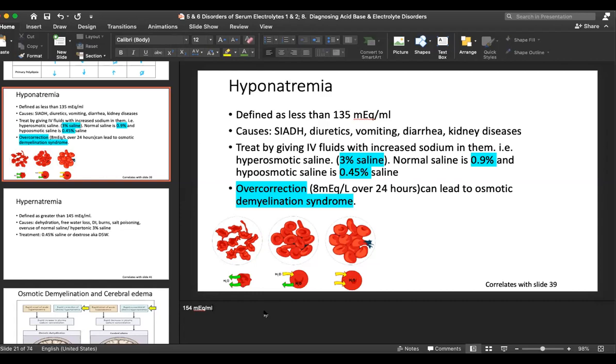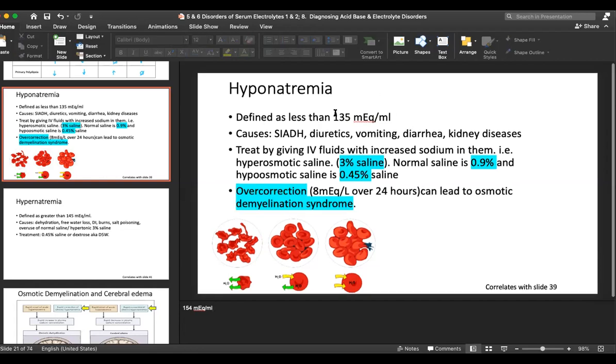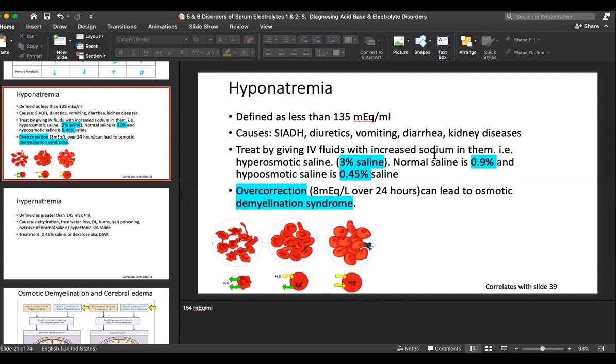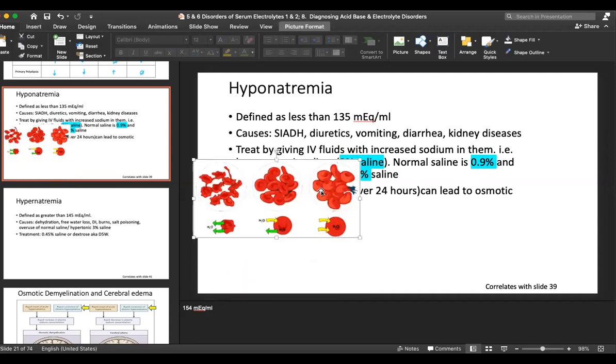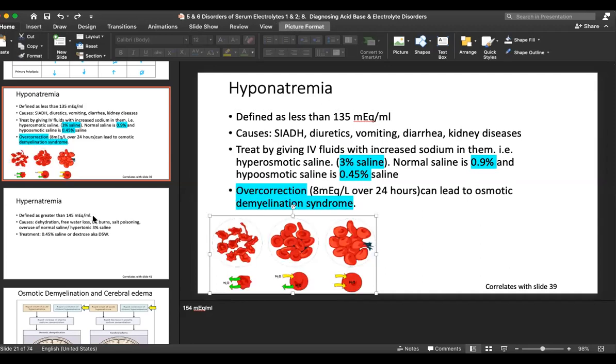So if my sodium is, let's just say, 130, and I'm giving 154, that is already way over the number that I need. So you don't always have to give them that 3%. Normal saline is pretty salty as is. So it's just important to not overcorrect.